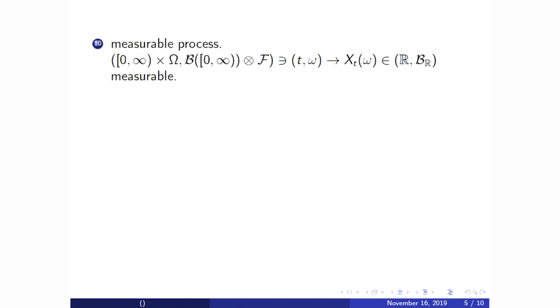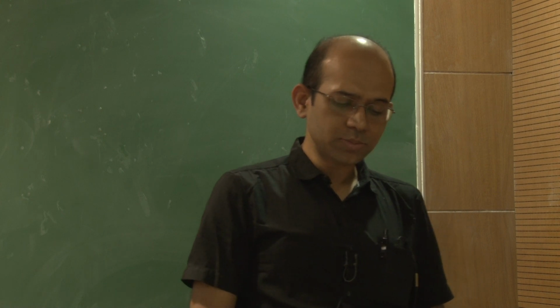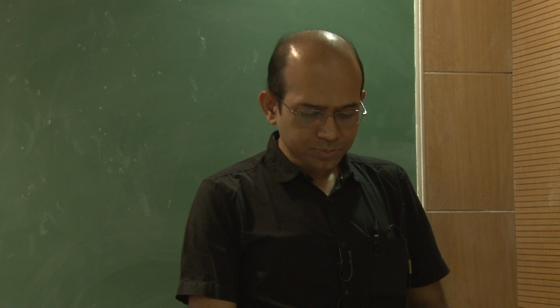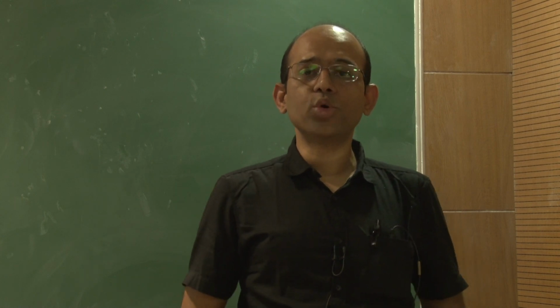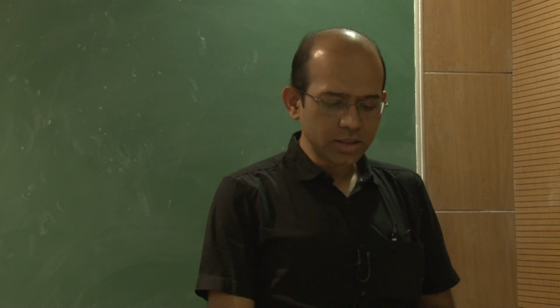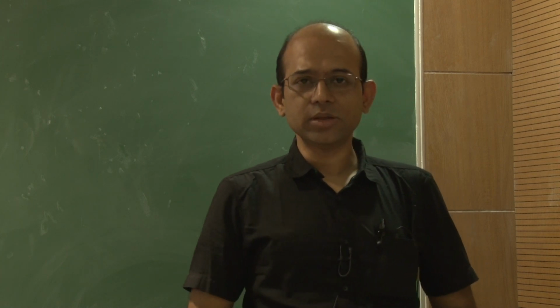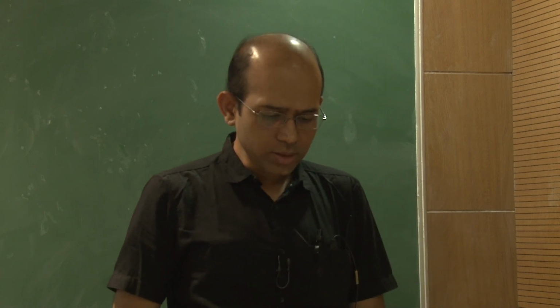If we take the Cartesian product, the Cartesian product of sigma algebras is not a sigma algebra, correct? However, there is a notion called the product sigma algebra. There are many different ways to construct it.